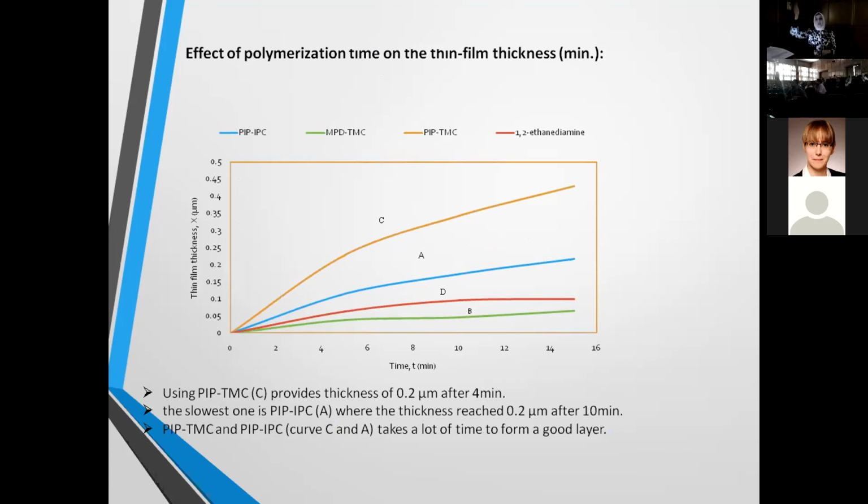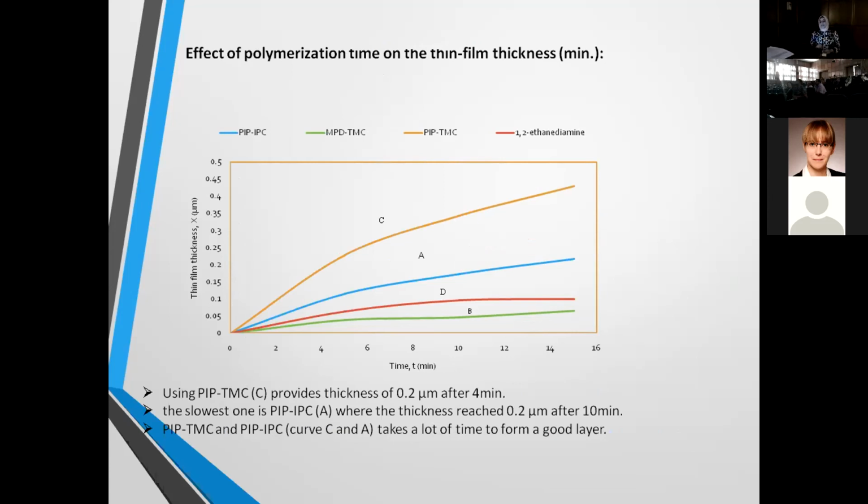With increasing time, we found that curve B and curve D decrease rapidly, while curves A and C, which represent piperazine with isophthaloyl chloride and piperazine with trimesoyl chloride, continue to increase with time.